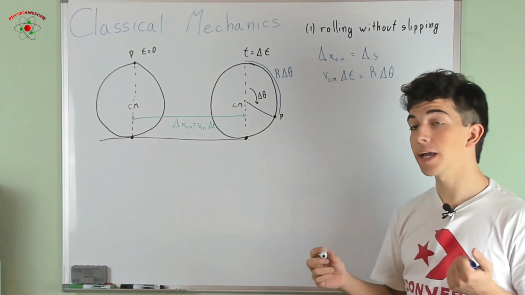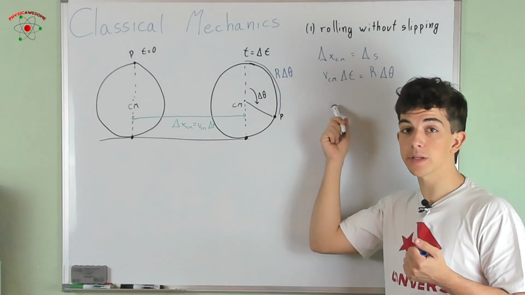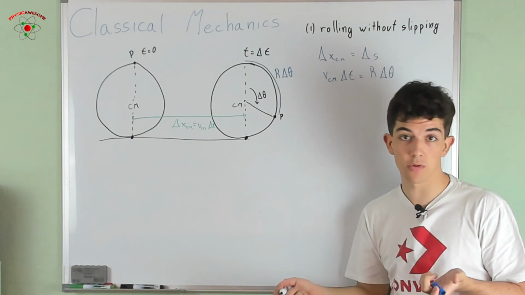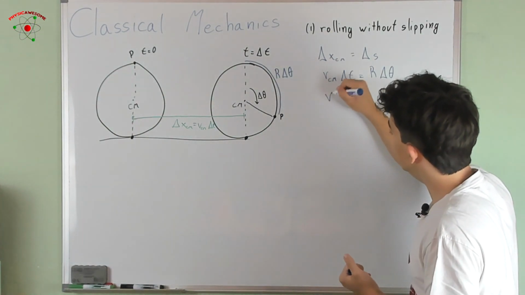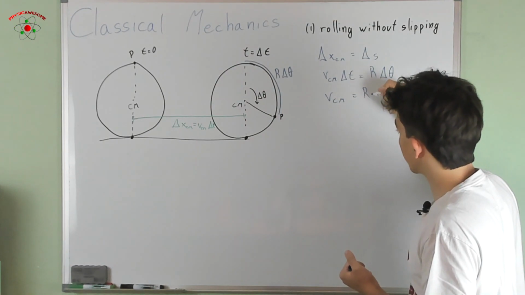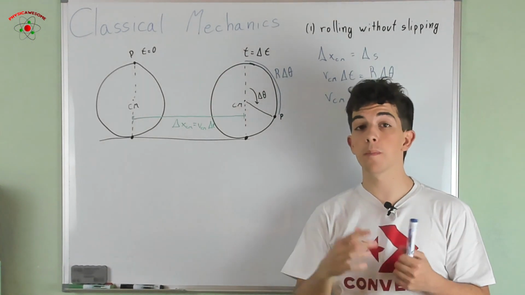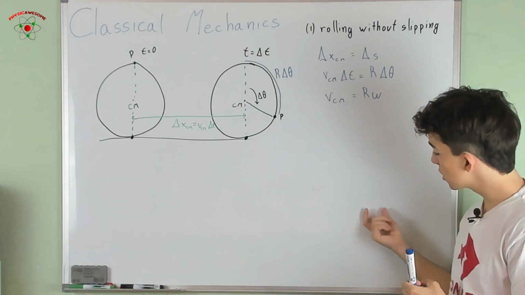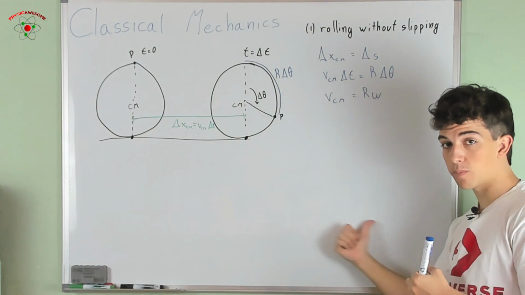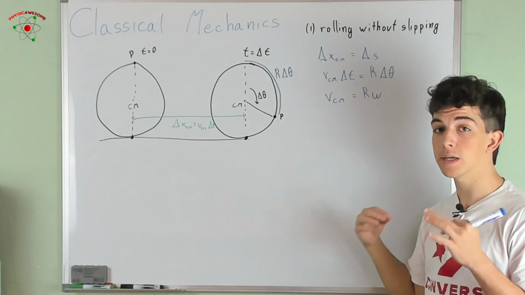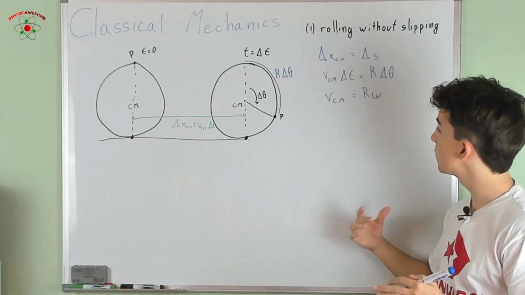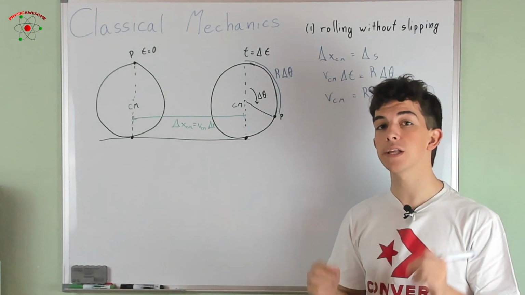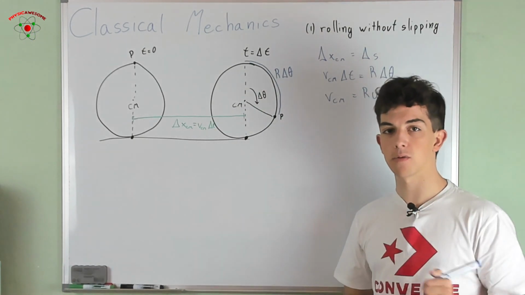Moreover, in this case, if we take the infinitesimal limit and divide by delta t, letting delta t go to 0, basically to dt, we get that v_cm equals r omega. And if we remember our previous diagram, that would be equivalent to two vectors pointing in opposite directions, totally canceling. Therefore, in this case, the point of contact is instantaneously at rest once it touches the ground.